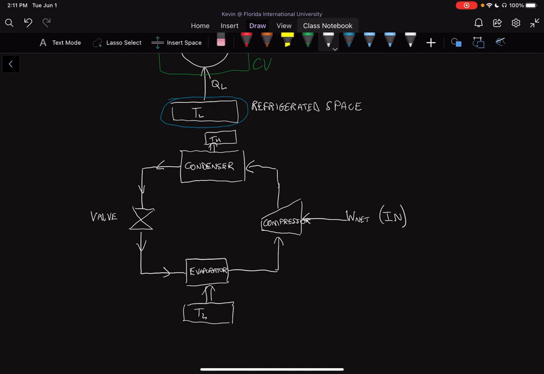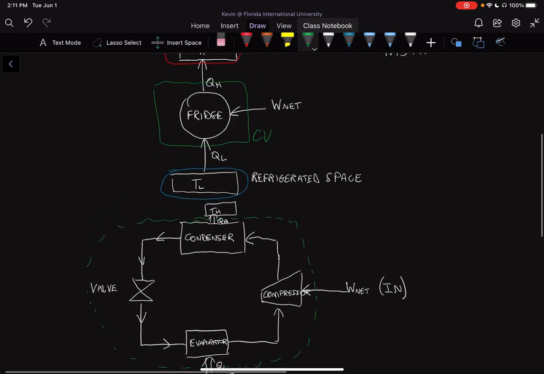And essentially we have QH being exchanged here and QL at the bottom, and that's our system drawn in a more complex manner. Our control volume would essentially be drawn all around here, separating our fridge system from our TL, TH, and our work coming in or out.